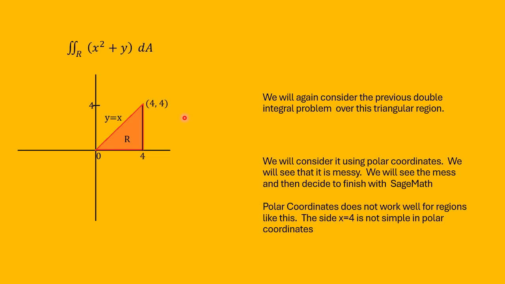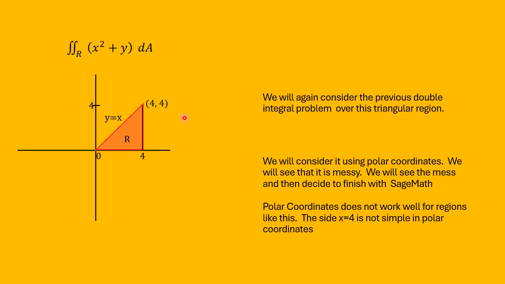And we'll find that it's very messy to do that way. And to save a little bit of time and to see that we actually do get the same answer we got before, we're going to, at some stages in this calculation, rely on SageMath to do some of the, I guess you can say, dirty work, evaluation of messy expressions.